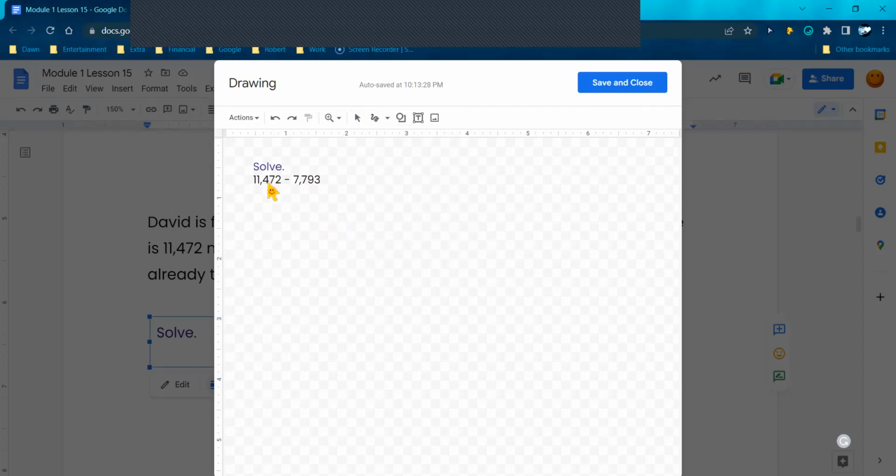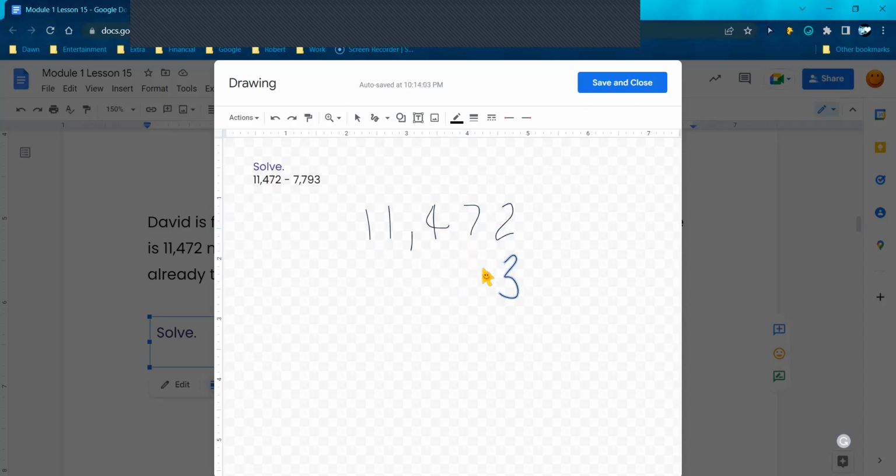So right now I'm going to write 11,472. And now I'm going to subtract 7,793. So again, underneath my 2 in the ones column, I'm going to write a 3.